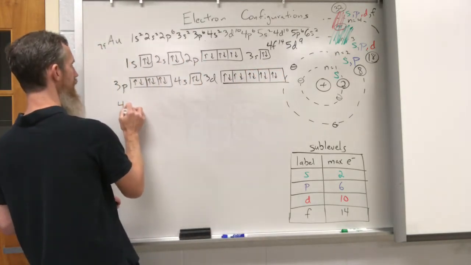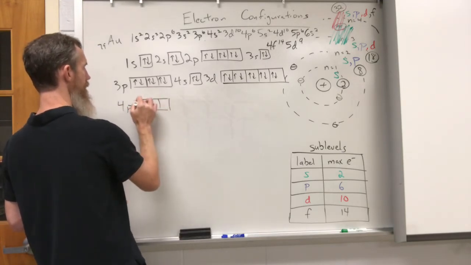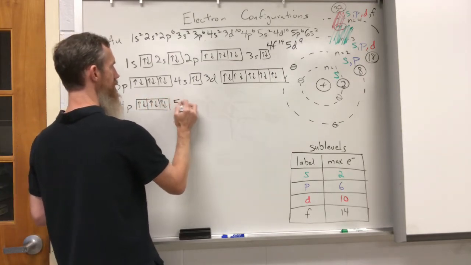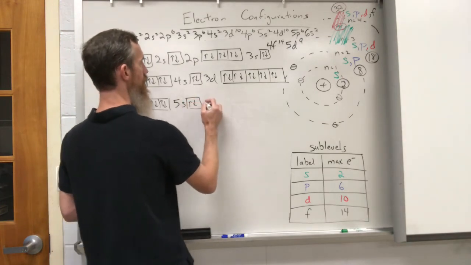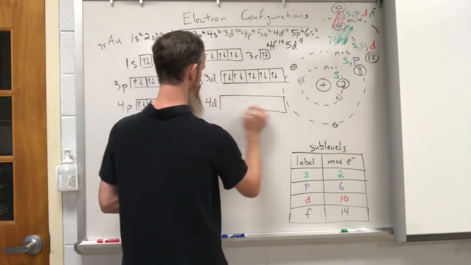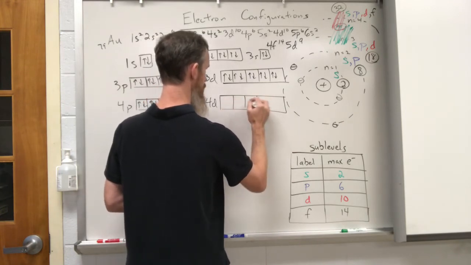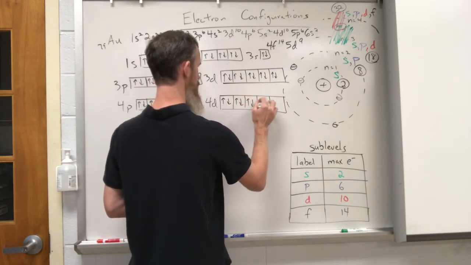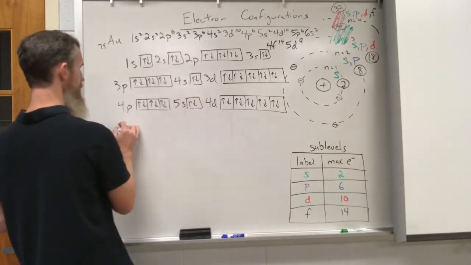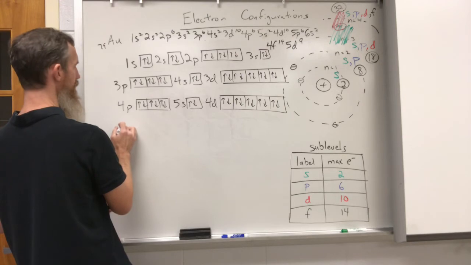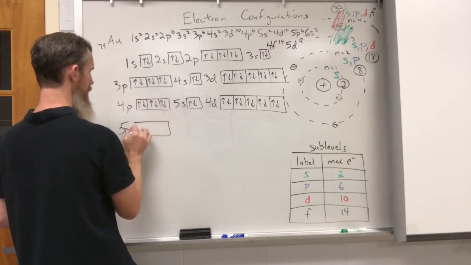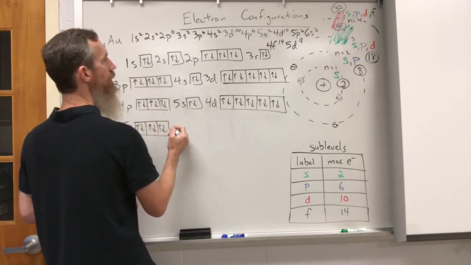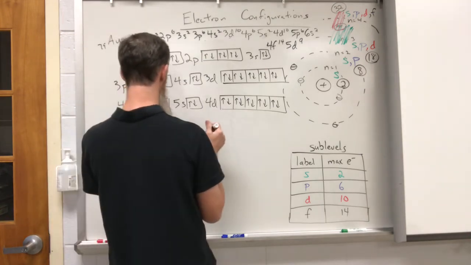Okay, 4p. 5s. 4d. All ups and downs. 5p. 6s.